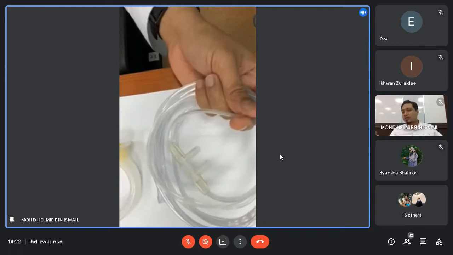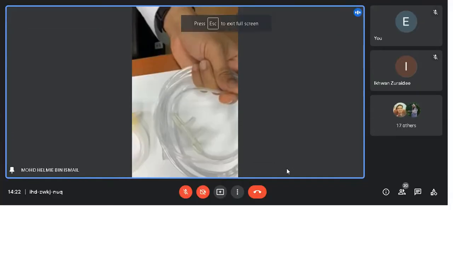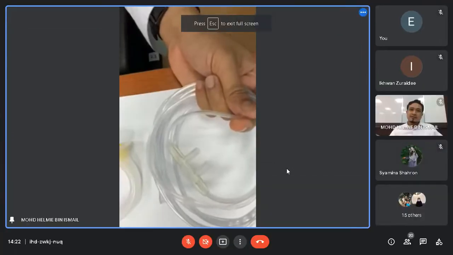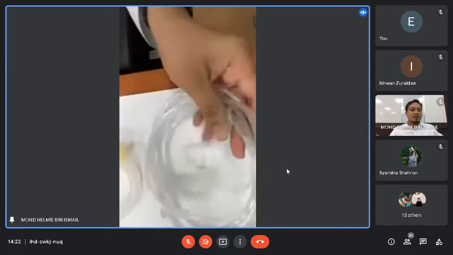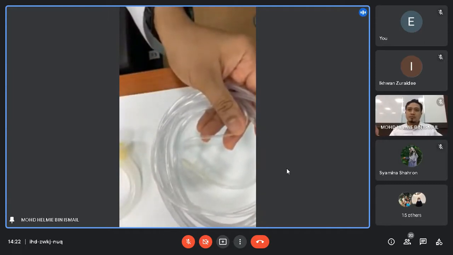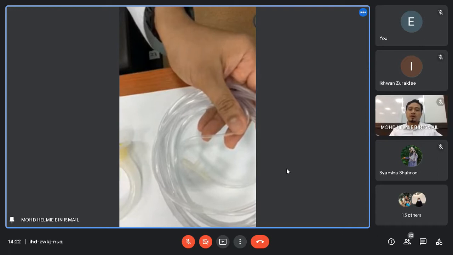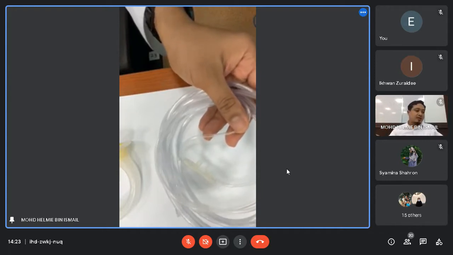If times 4 is about 24, right? So plus dengan 21, the maximum you can give is about 38 to 44%. So every 1 liter you will increase about 3 to 4% from the concentration of room air.